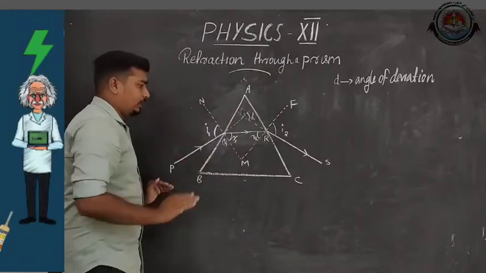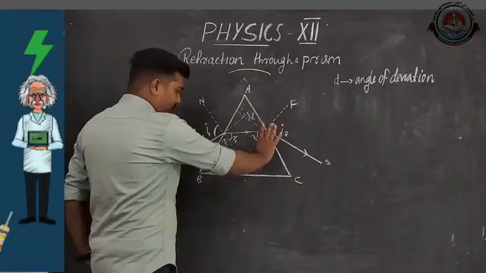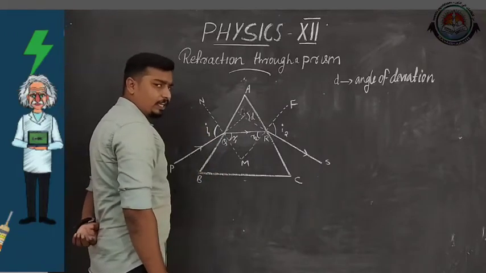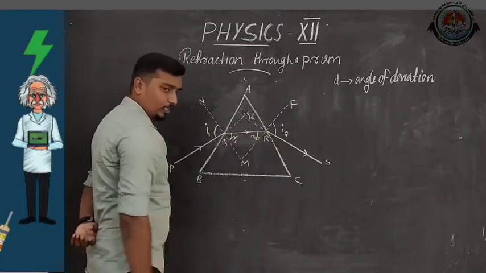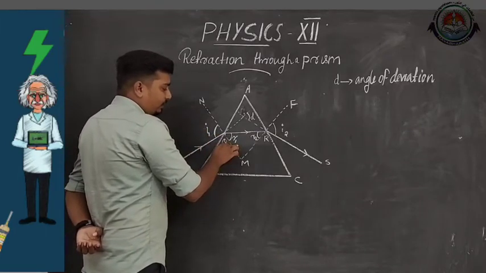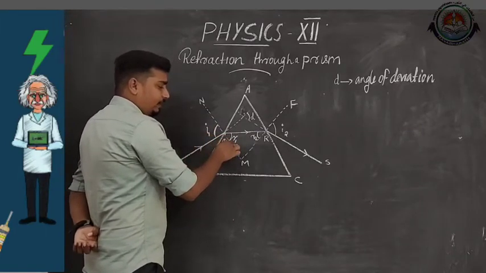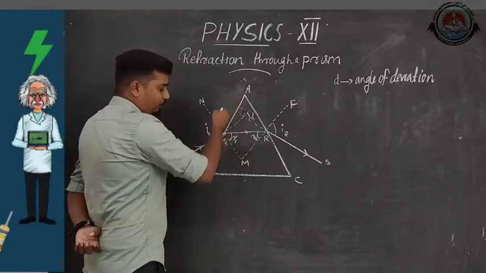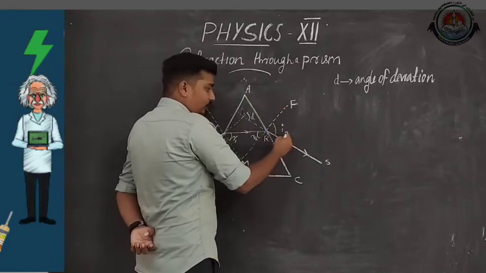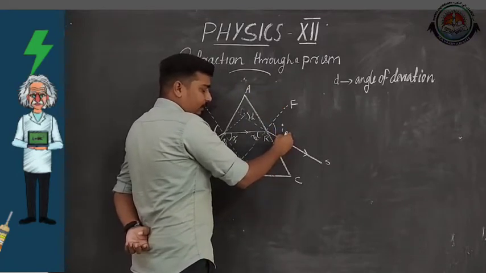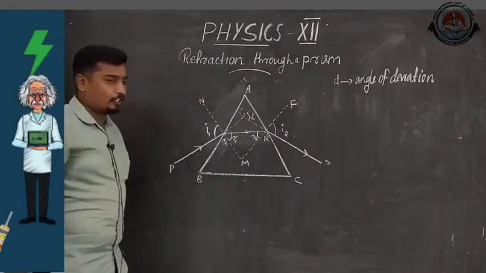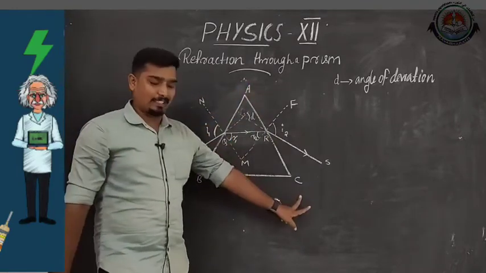Listen here. Let us consider a glass prism and a light entering this glass prism. The refraction occurs, and here I1 and R1 are the incident angle and refracted angle in the face AB, I2 is the angle of emergence, and R2 is the angle of refraction in the face AC.